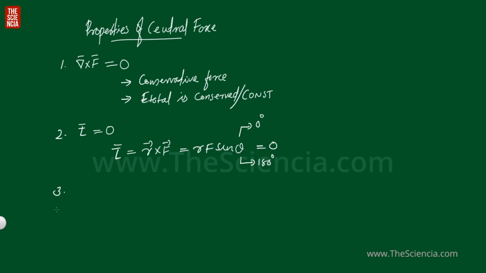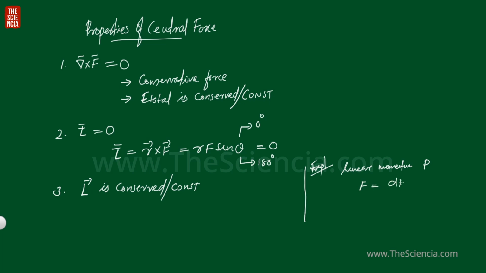Third property, angular momentum L is conserved, or we can say it is constant. I will give you some explanation. We know linear momentum is P, and force is equal to dP by dt.